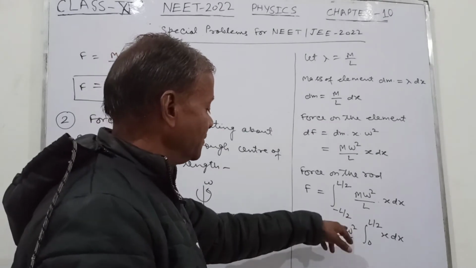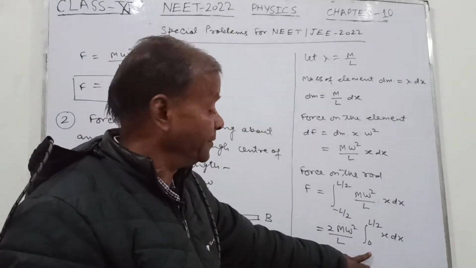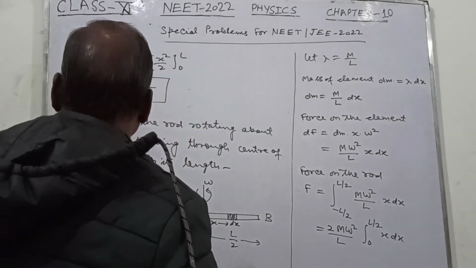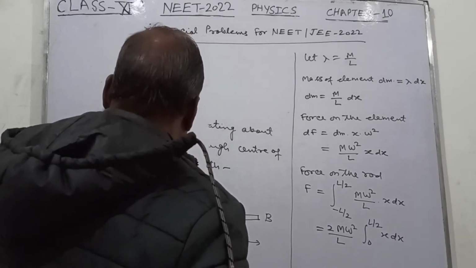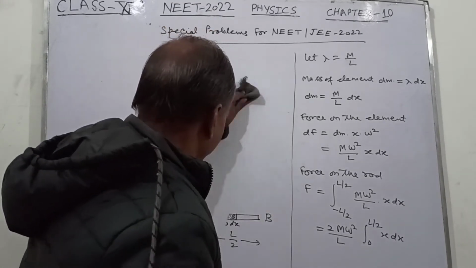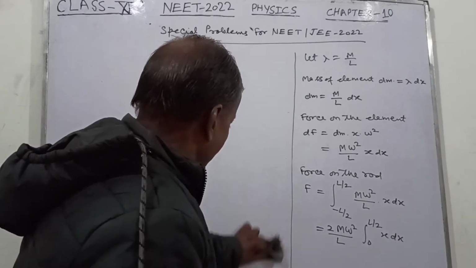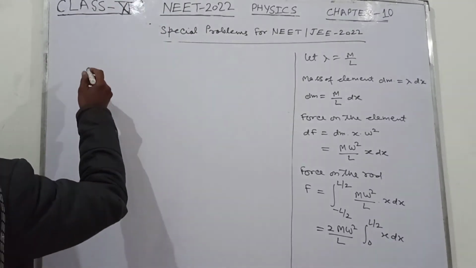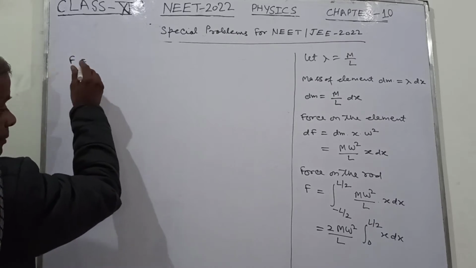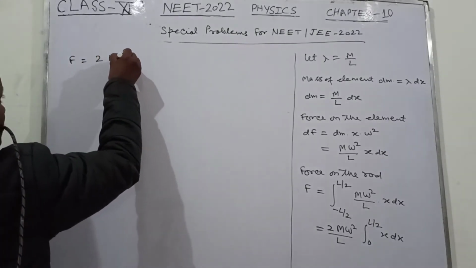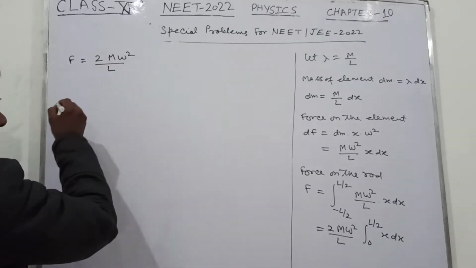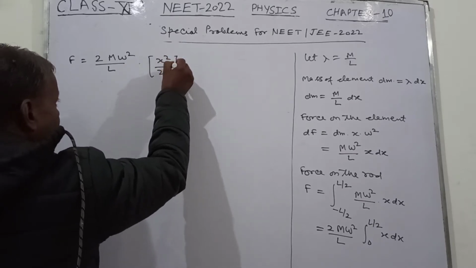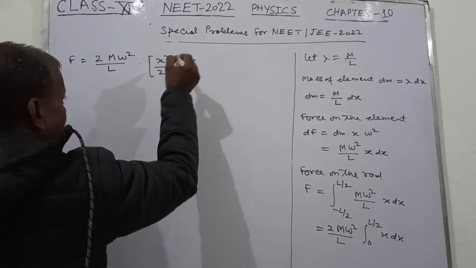When the limits are equal and opposite, we can eliminate the lower limit by multiplying by 2. So we get m omega square upon L, and the integral of x is x square upon 2, from 0 to L/2.